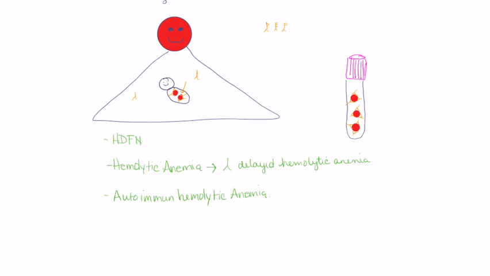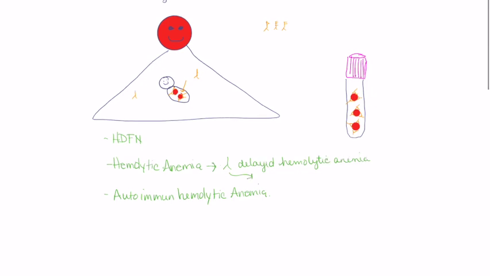Patients are transfused because we don't know they have an antibody, and then that antibody attaches to the red blood cells and undergoes, in that case, extravascular hemolysis, removed by the spleen, the reticuloendothelial system.